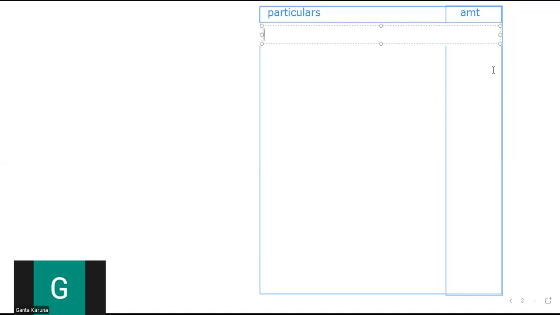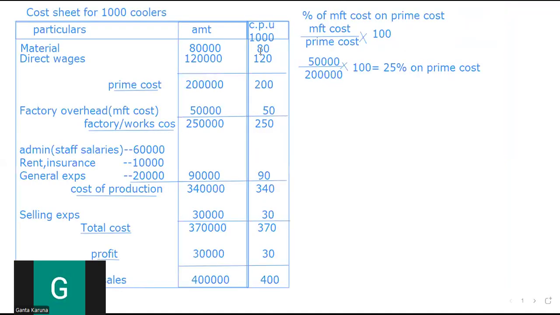So first one is materials. Earlier we have prepared the cost per unit. Why have we made a cost per unit? Because he said the cost per unit is going to be the same. So if any changes are there, you're going to make changes. So just check the changes he has made.